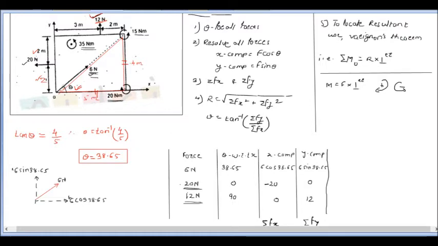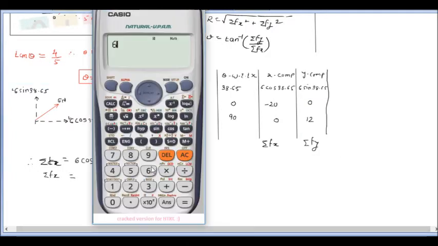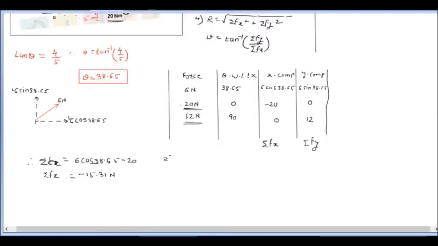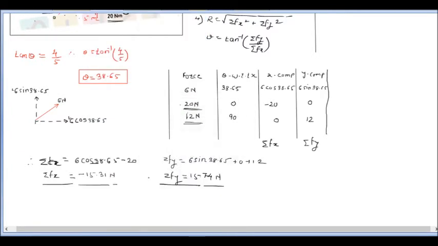Then the 12 Newton force is acting along the positive axis, so it should be positive only. So here we can now calculate the value for the summation f of x, and the summation of y you can get 15.74. So here we got the values for the summation f of x and the summation f of y.